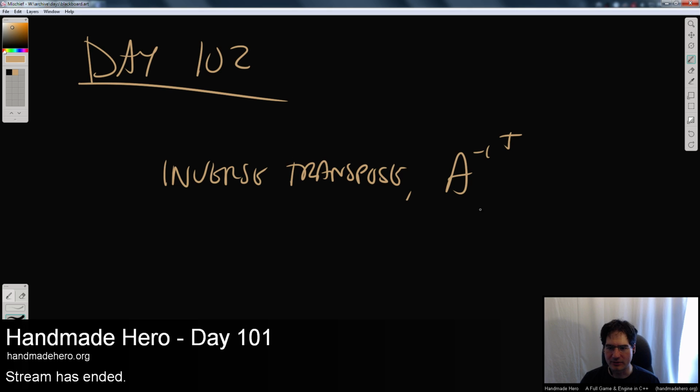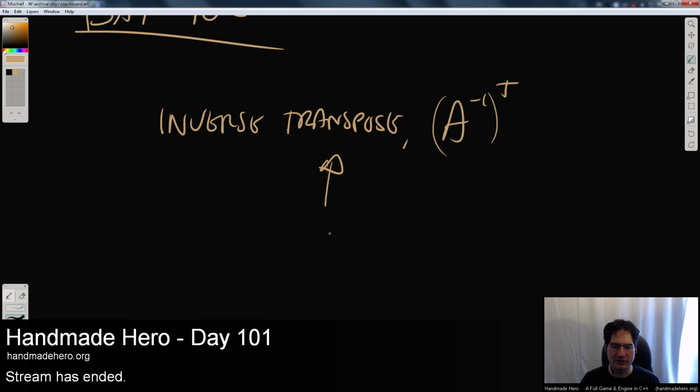A inverse transpose, because we still have to talk about that now that we sort of know what this is. Although I'll try to do a more concise job of talking about A inverse, since we got a little bogged down today.